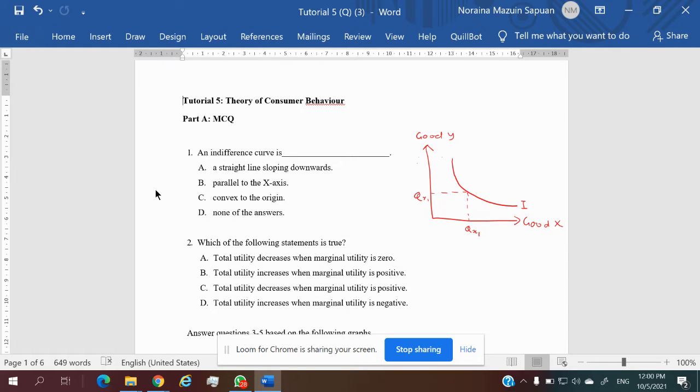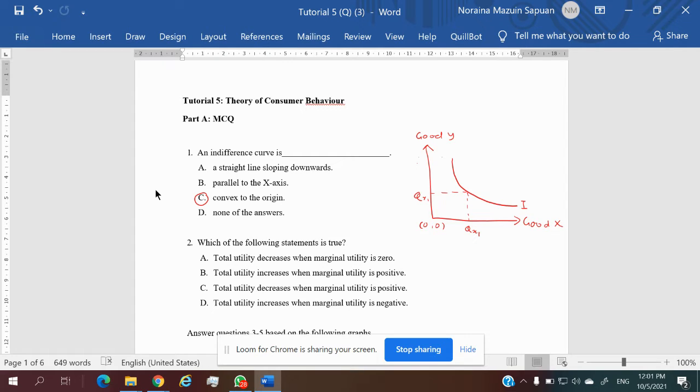All right, so the indifferent curve is a convex curve, convex to the origin. Origin is here, right? So that is the answer for question 1.